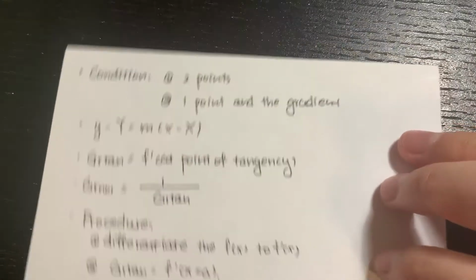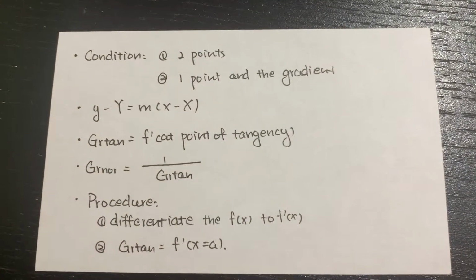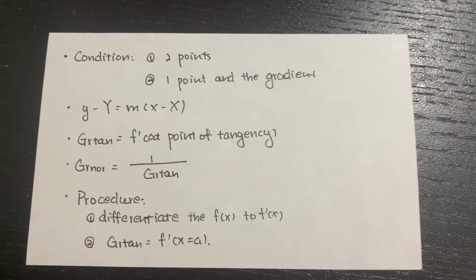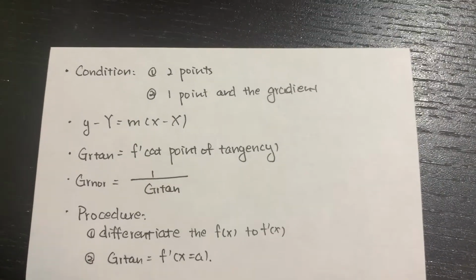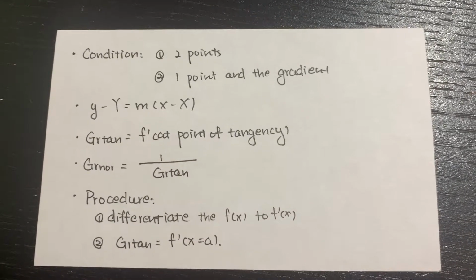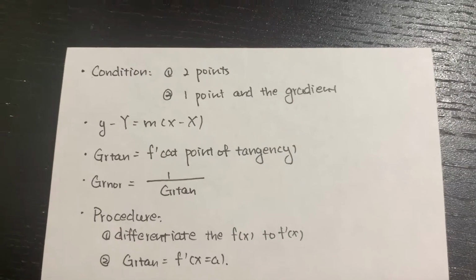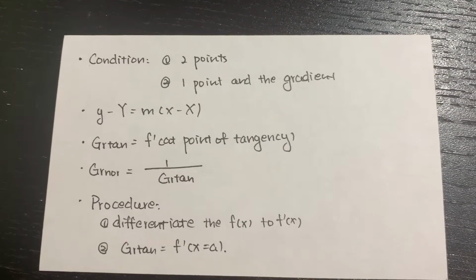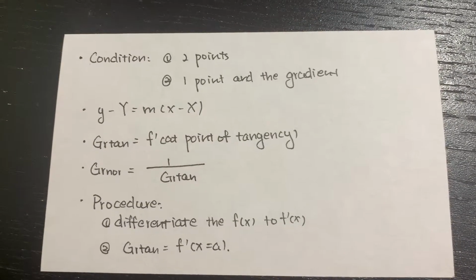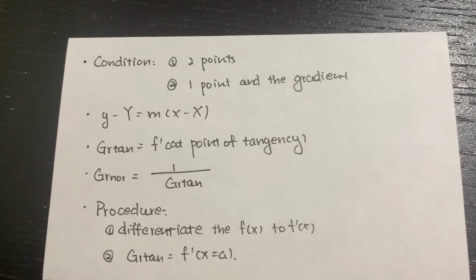And we have a little conclusion here. In order to find the function for the tangent and normal, you have to have 2 points, or 1 point and the gradient. And you always use the formula y minus Y equals m(x minus X). The gradient of the tangent is the derivative at the point of tangency.